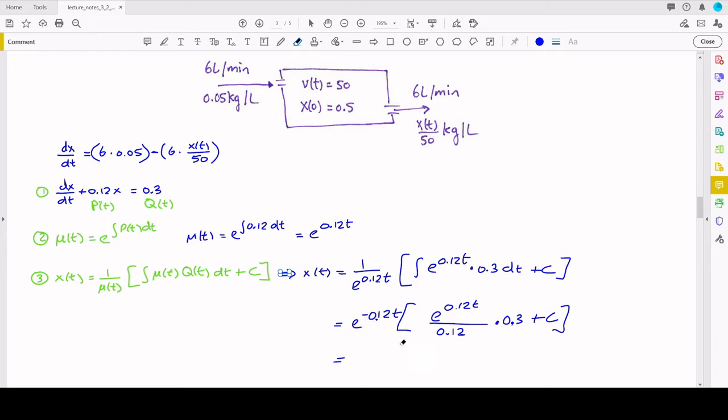And so the 1 over 0.12 times 0.3 will give us 2.5, and then plus c times e to the power negative 0.12t.